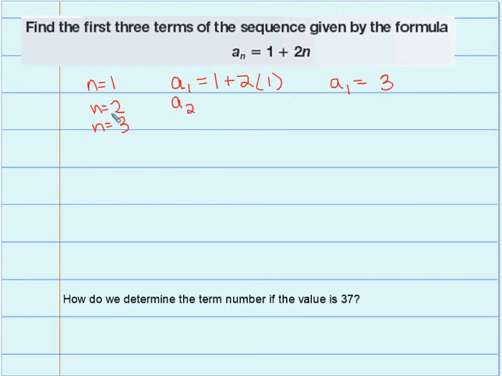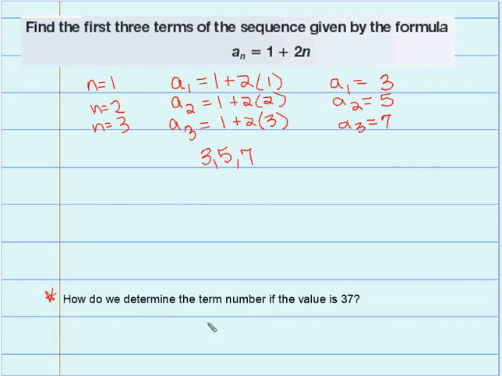And we do that again with 2 and 3. So we get a sub 2 equals 5, and a sub 3 will equal 7. So our first 3 terms are 3, 5, and 7.